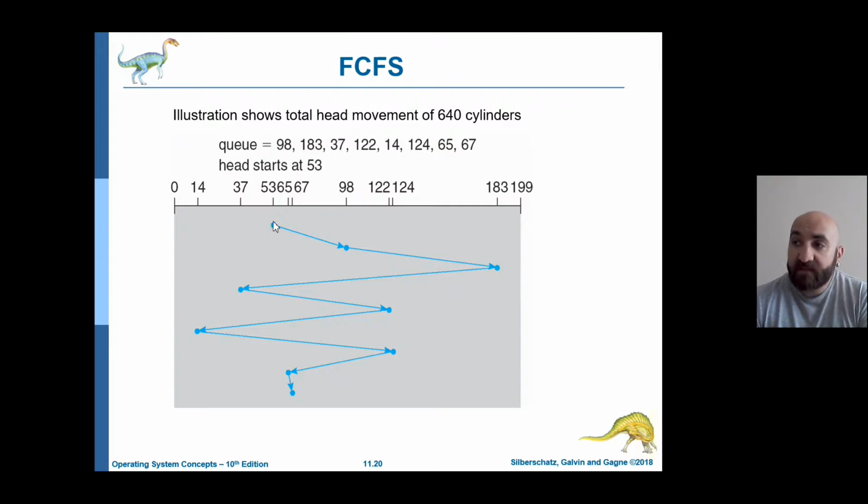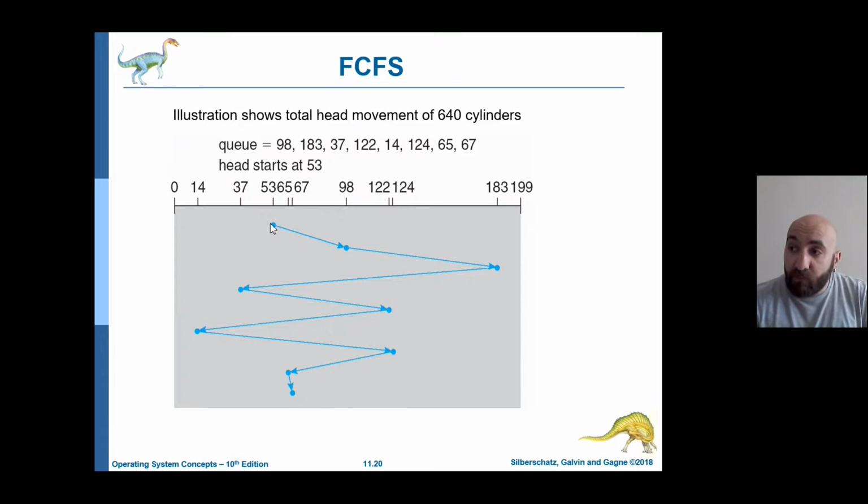Our head starts at this location, and based on the queue, based on the first come, first served process, we are going to move the head from the initial point to 98, then 183, then 37, then 122 and 14, etc. So based on this list, we are going to serve the requests first come, first served.